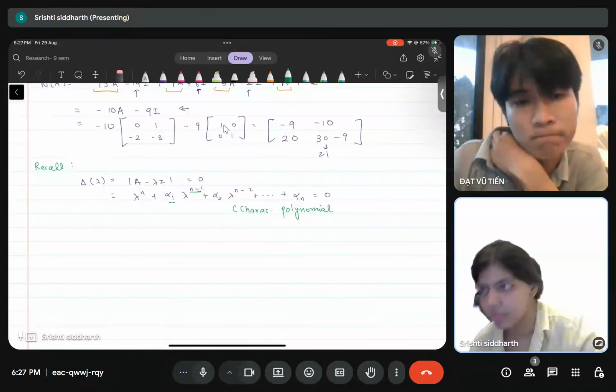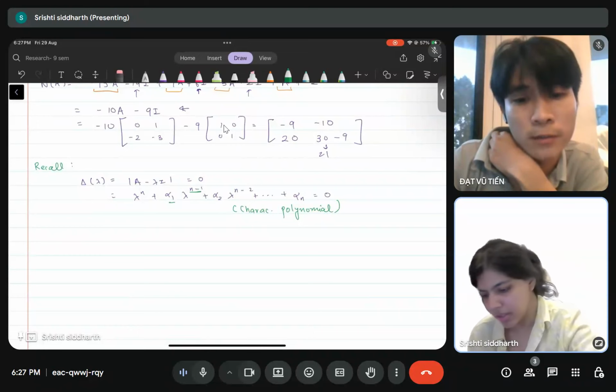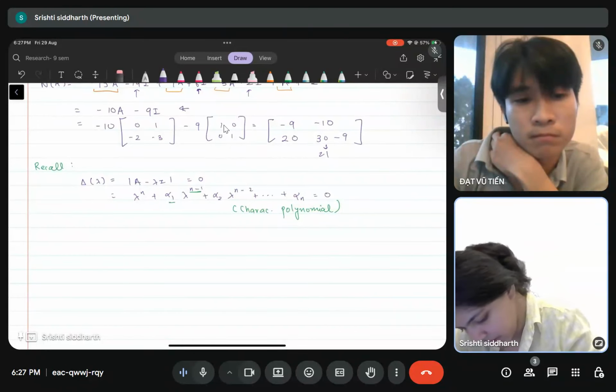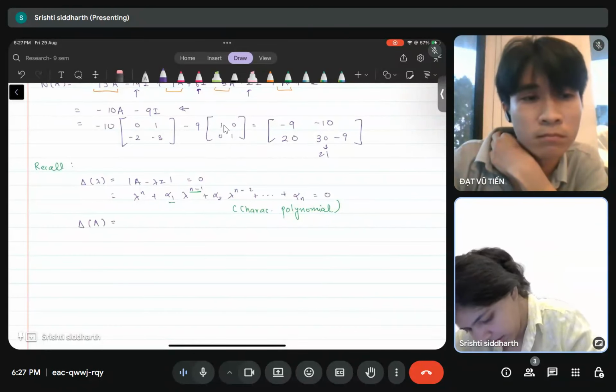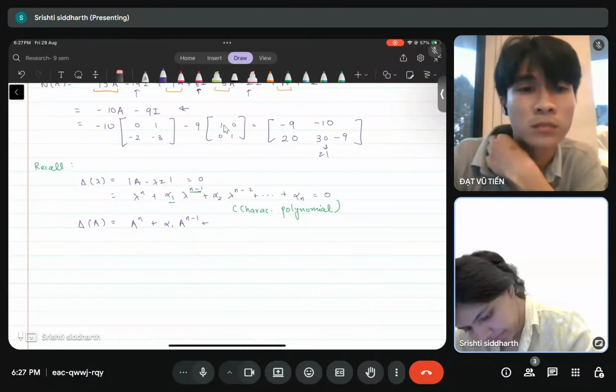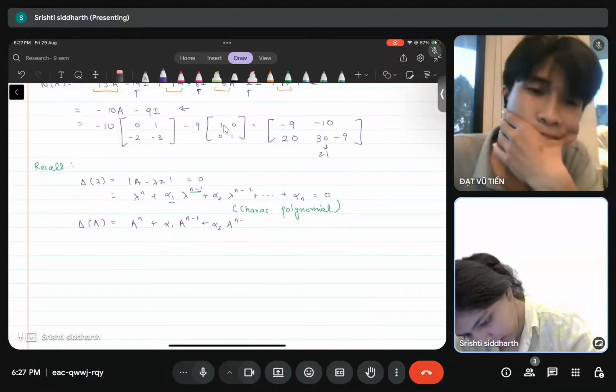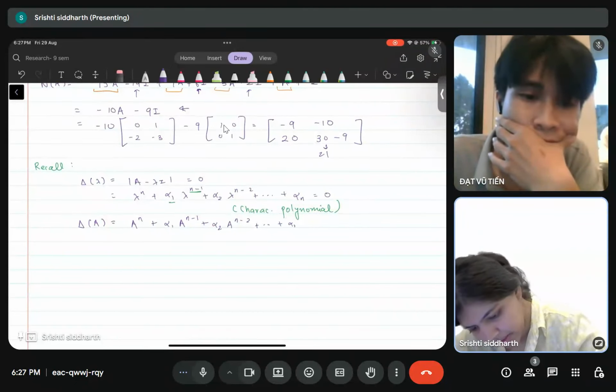And using the Cayley-Hamilton theorem, this means that delta A, A to the power n plus alpha 1 A to the power n minus 1, till alpha n times I, is 0.